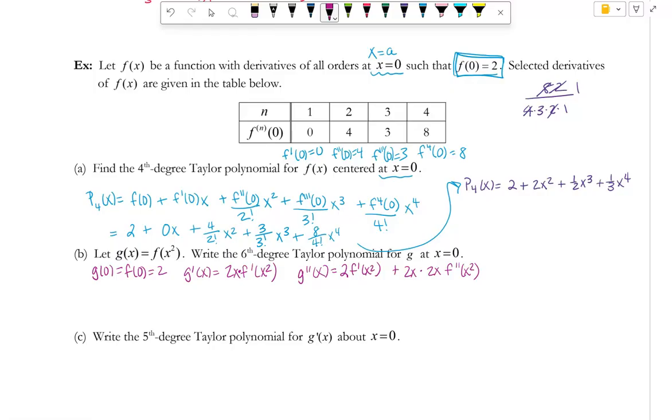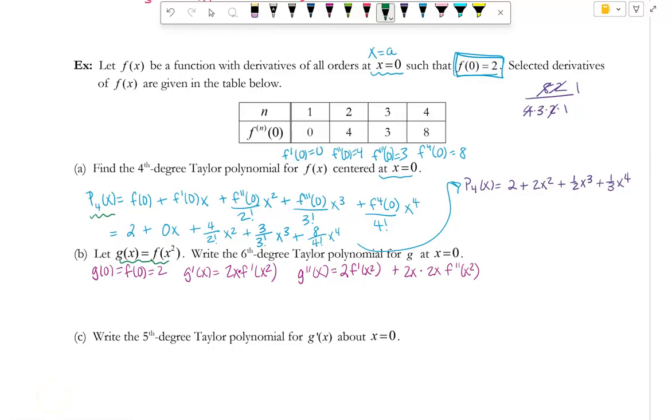We could do this and we could get our Taylor polynomial this way. But we could also just use this relationship between f and g. So if g is equal to f of x squared, and up here, this polynomial that we got, our Taylor polynomial, is a polynomial that approximates f of x.